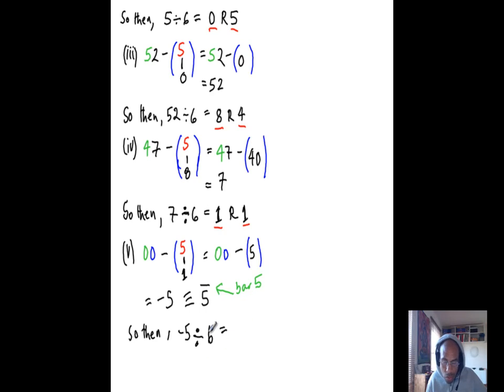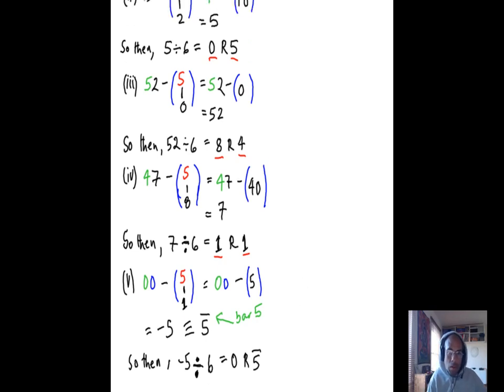So he says, oh no, you can't divide into me. Not even once. Not even negatively once. So he gives you a 0, and he said, remainder minus 5. I'm just going to write it like this. Okay, so let's just underline a minute.